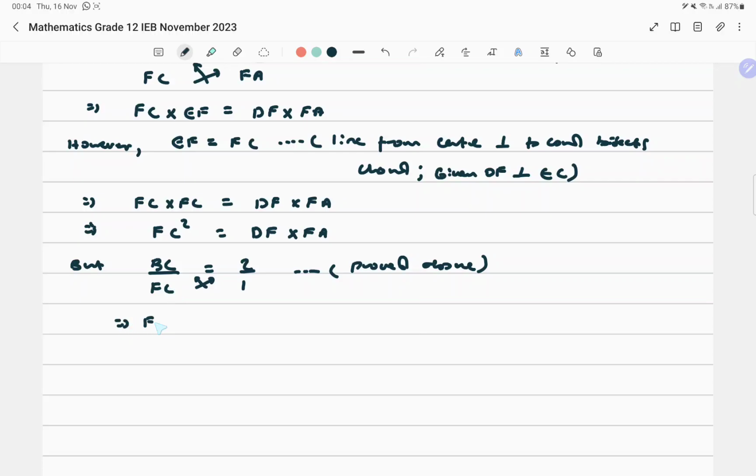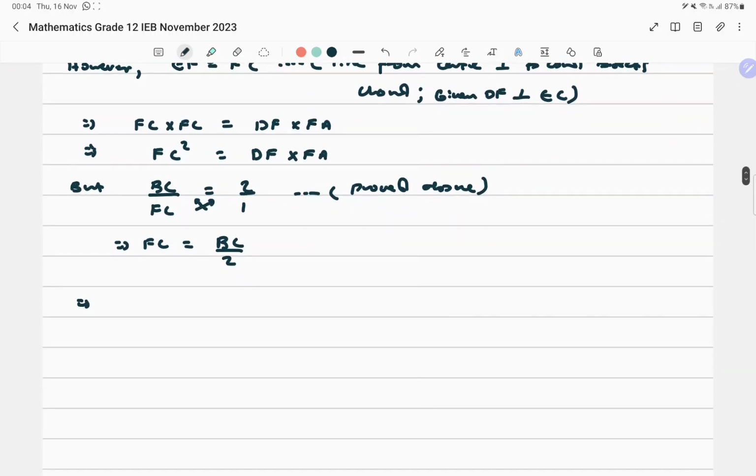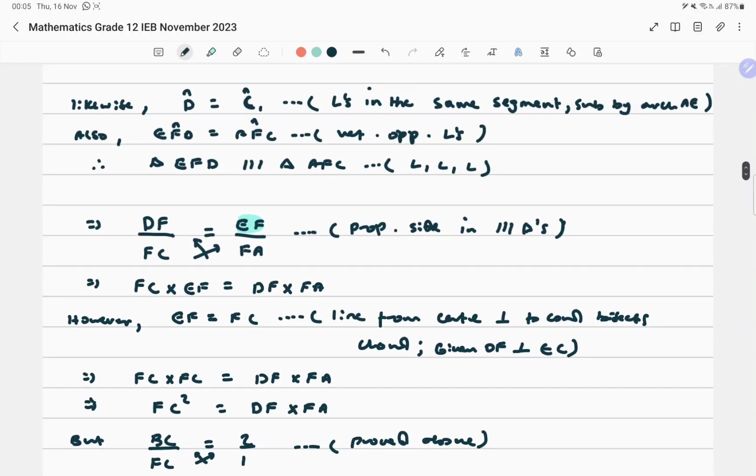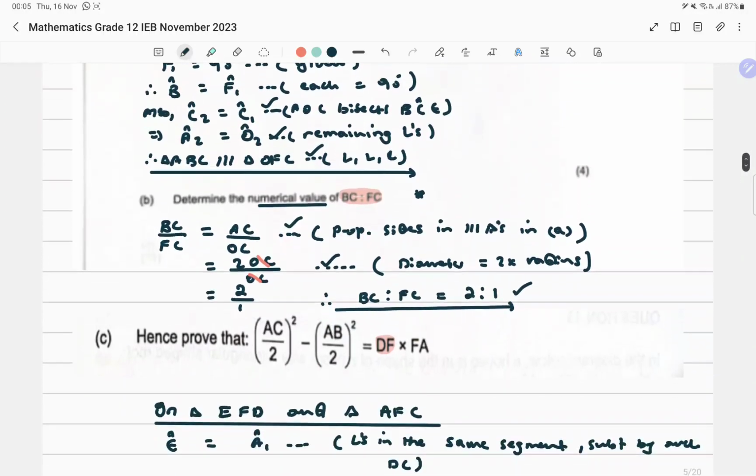This implies that FC is going to be equal to BC over 2. Which also implies that instead of FC now we're going to write BC over 2, and then we're squaring that business because FC is squared. Yeah, now this is going to be DF times FA.